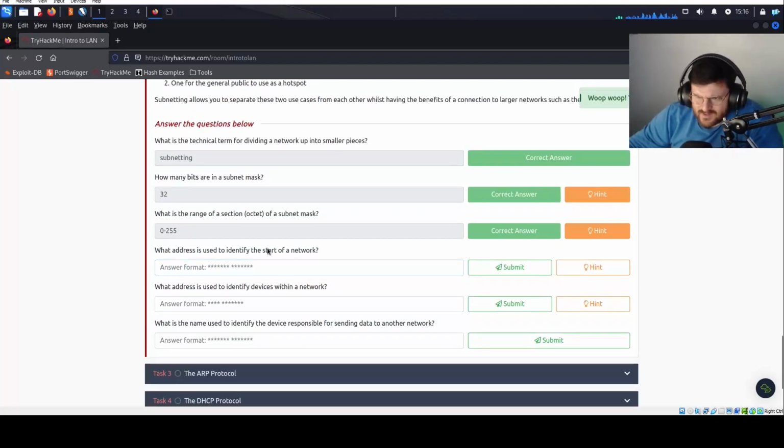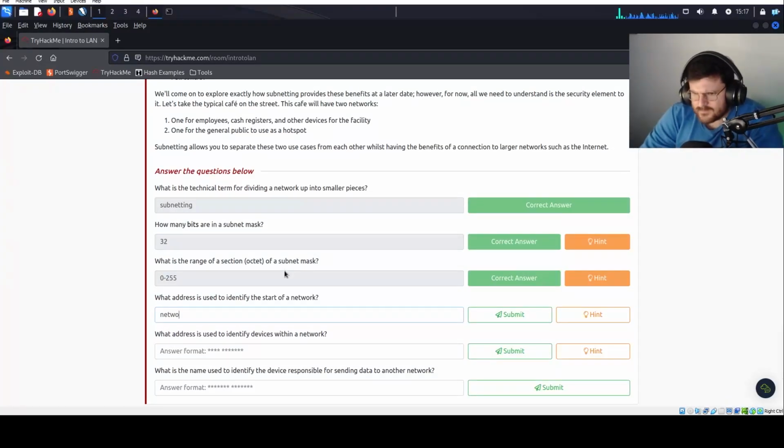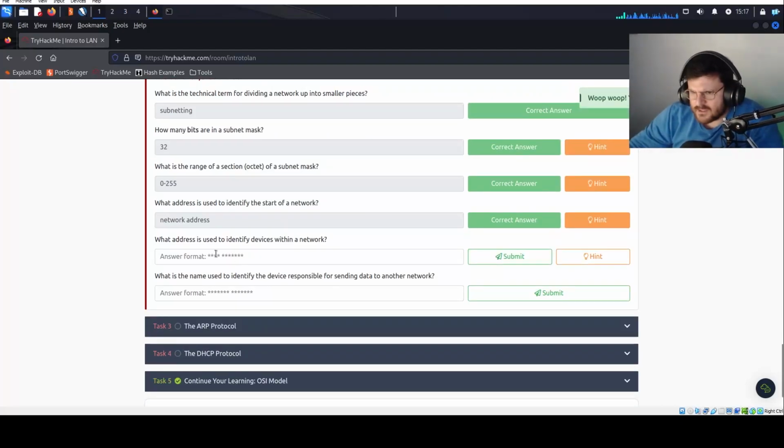What address is used to identify the start of a network? Network address. Another reminder, you can use lowercase. It's not case sensitive on TryHackMe, at least not for the answer. What address is used to identify devices within a network?